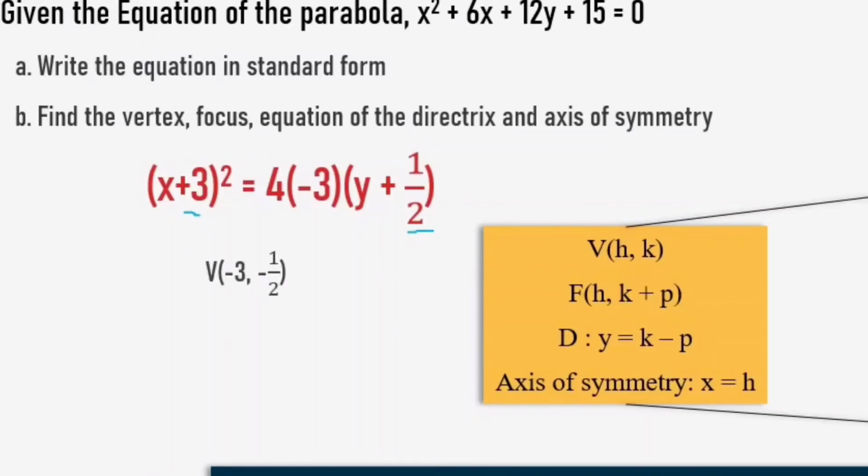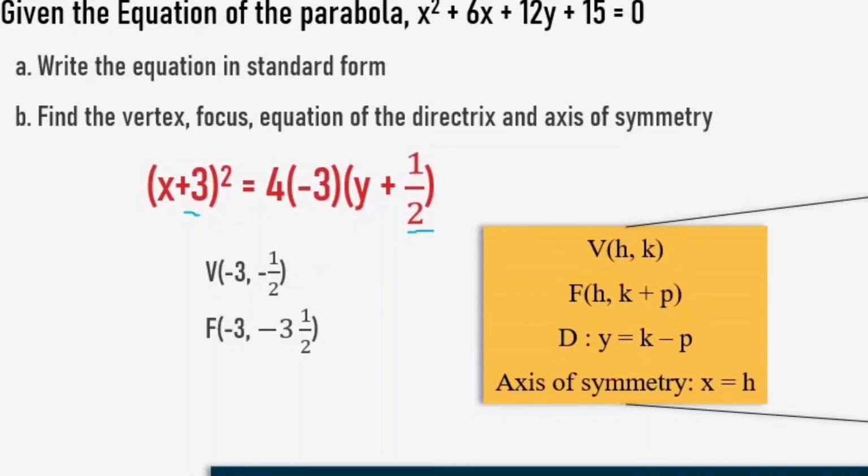For the focus, that is h and k plus p. Substitute natin ngayon ang mga given, we get f, negative 3 and negative 1 half plus negative 3. Simplify natin ito, we get f, that is negative 3 and negative 3 1 half.